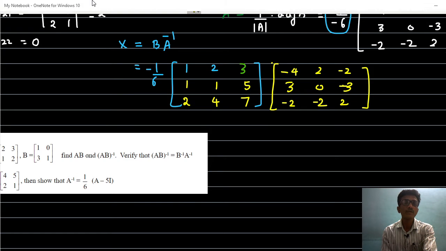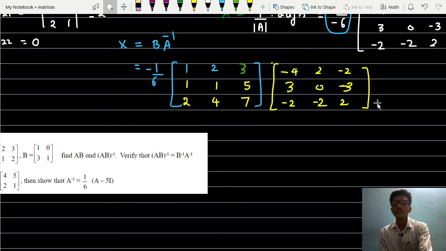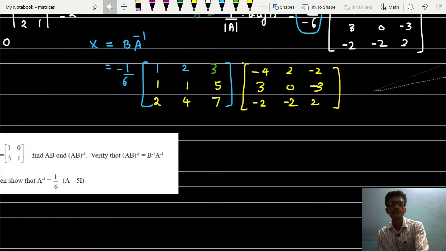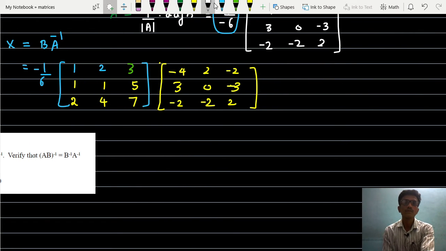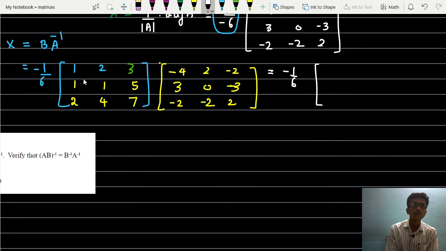So what will be the multiplication of this? Multiplying first row with first column, first row with second column, first row with third column. So -1 upon 6 as it is. First row into first column: -4 plus 6 and -6. So we are getting here -4.